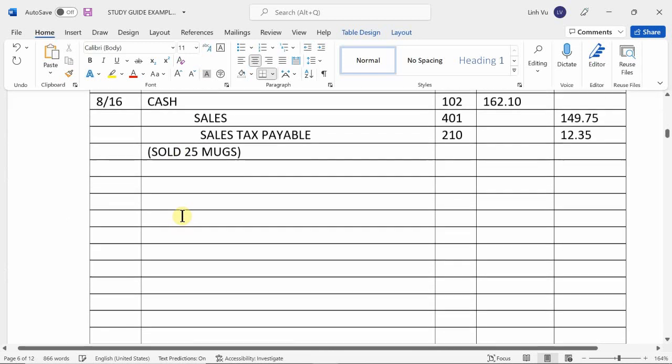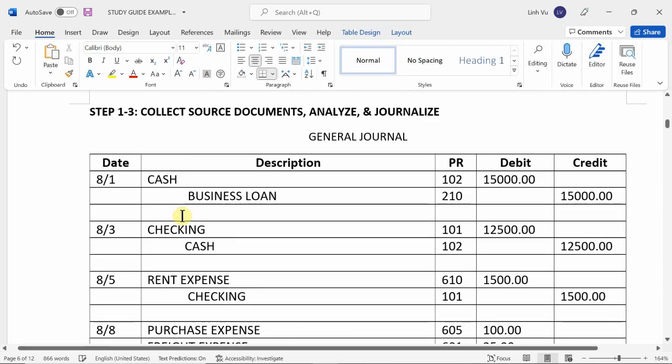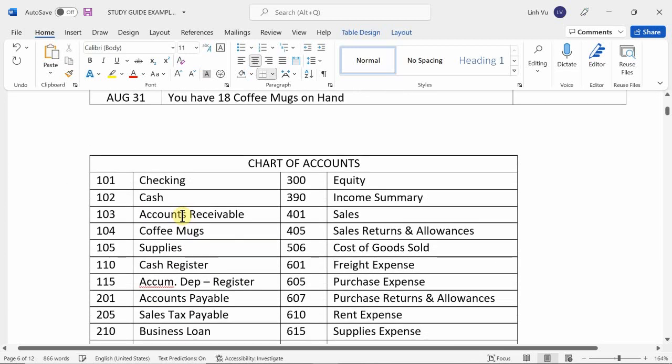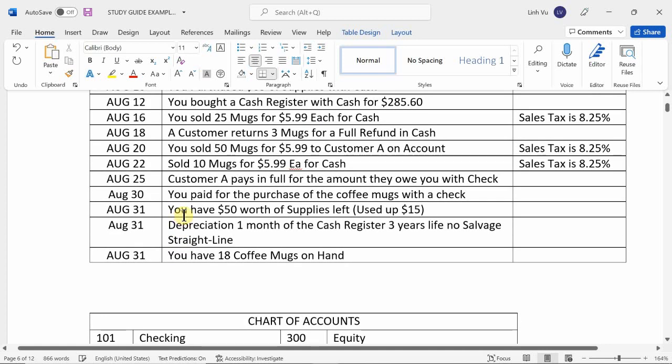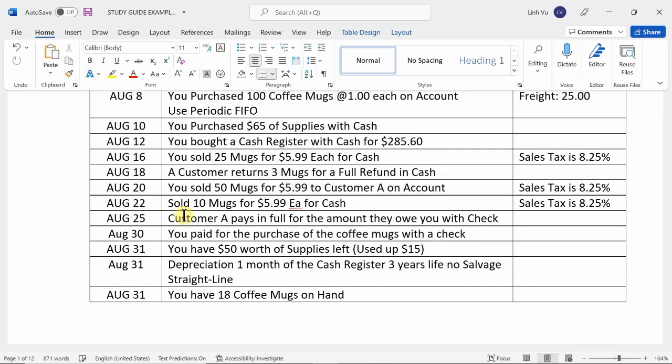So let me see. Okay, so I still have a lot of space on page 1. So then let's see what happened next after the 16. The 18, August 18, a customer returns 3 mugs for a full refund in cash.